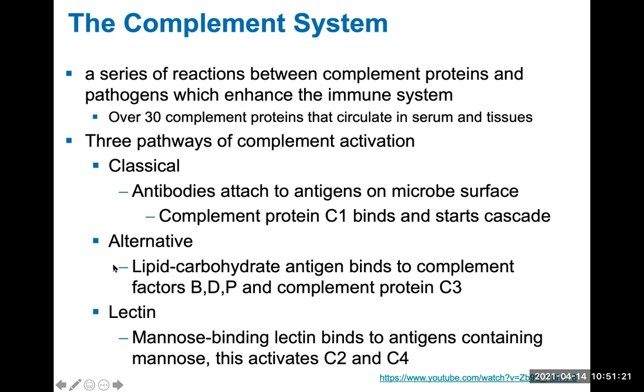Okay, so the classical pathway, and it's called classical only because it was discovered first. This is when you actually have antibodies that have attached to a microbe. So this is where you can see the adaptive immune system has played a role, because you already have these antibodies that are attaching to the microbe surface.